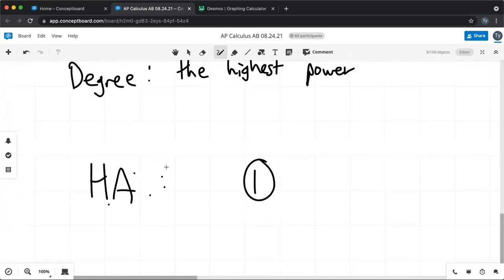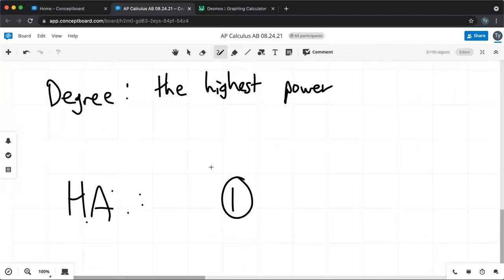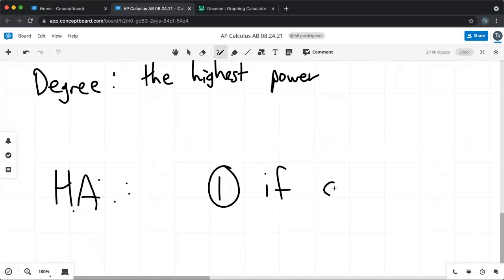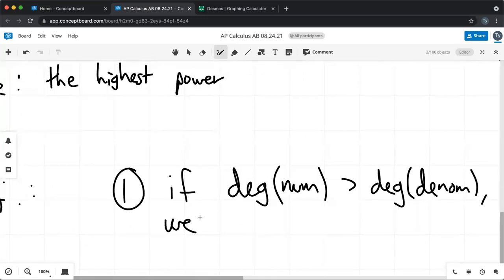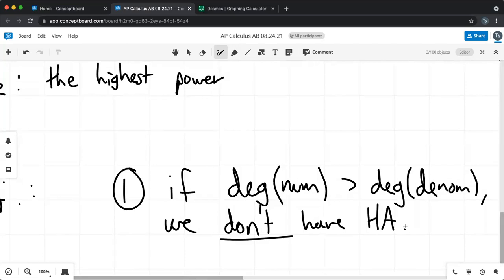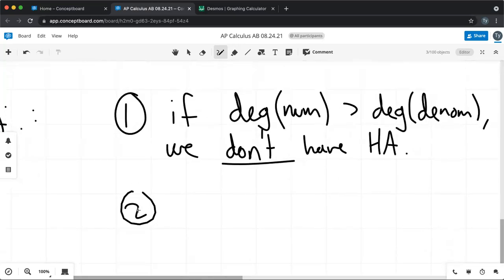So the rules for the horizontal asymptote are based on degree. So if the degree of the numerator is greater than the degree of the denominator, we do not have a horizontal asymptote. All right.